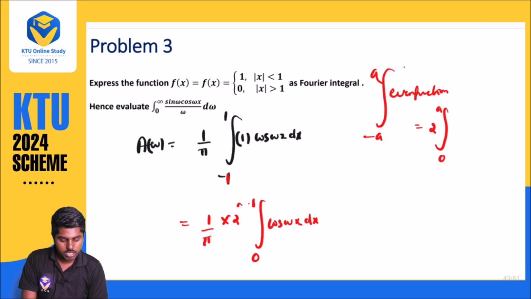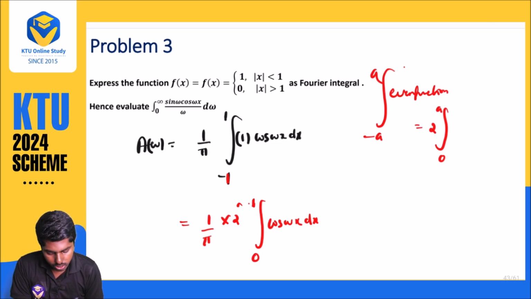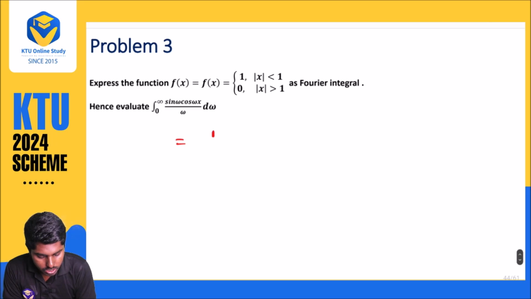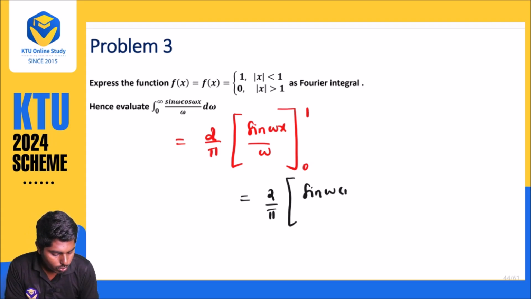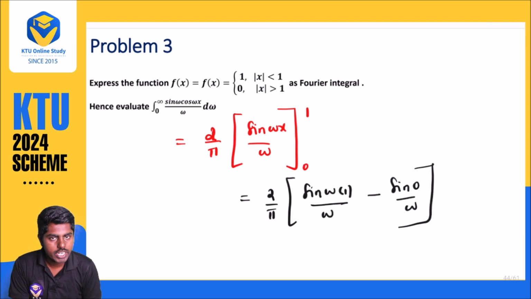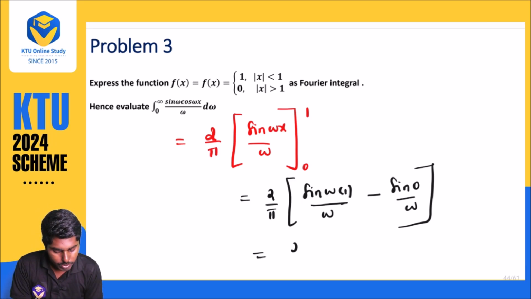The integration of cos omega x is sin omega x divided by omega. Applying the limit 0 to 1, we get 2 by pi times sin omega into 1 divided by omega minus sin 0 divided by omega. Sin 0 is 0, so we get 2 by pi sin omega divided by omega.